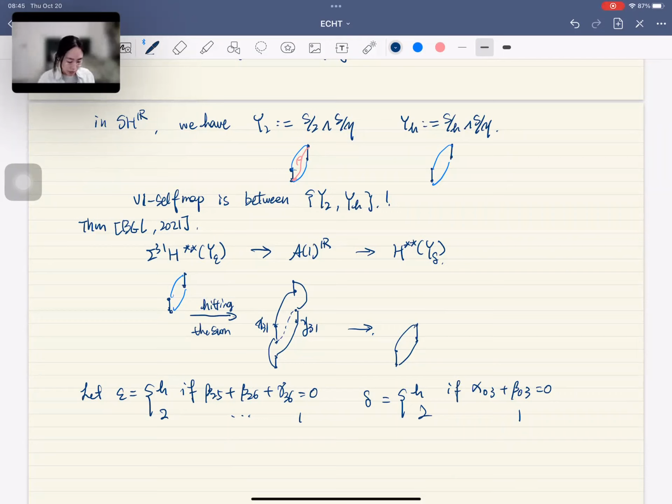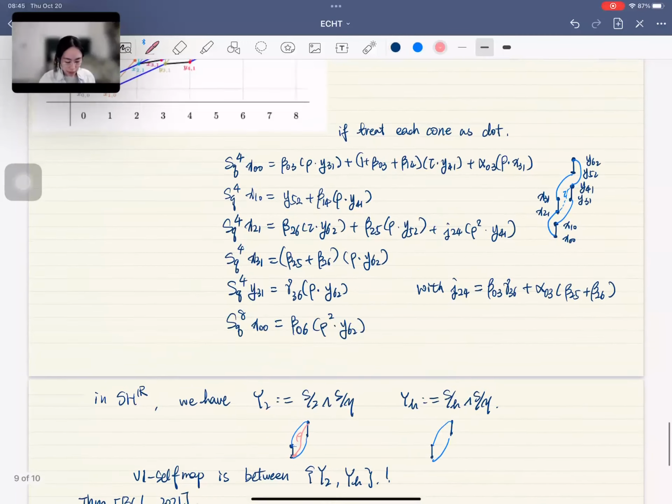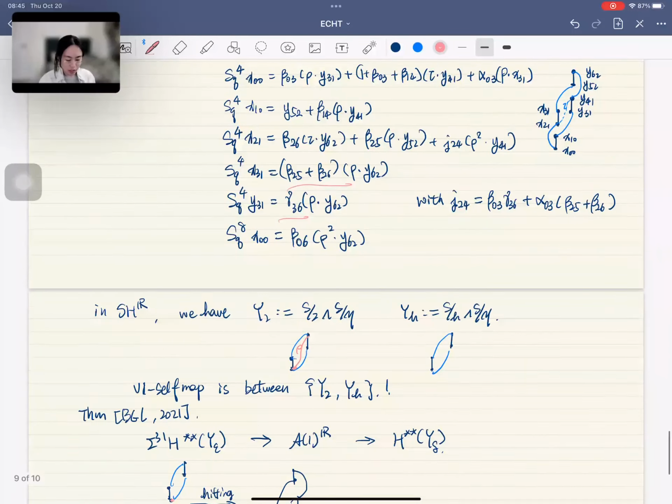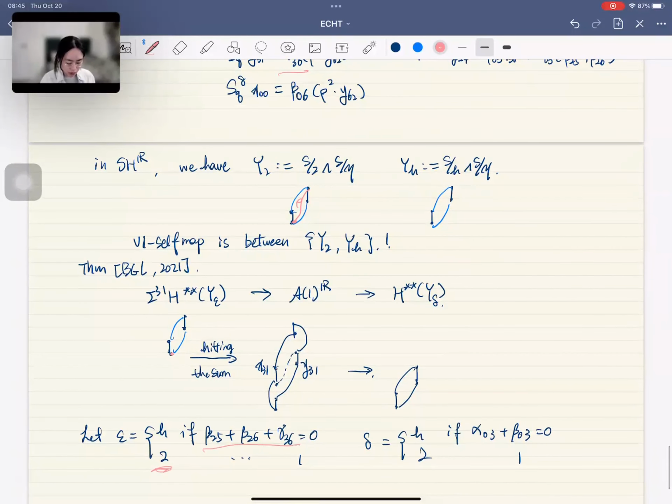So that is to say, if you have a Sq^4 on this class, because Y_2 has this Sq^4, that means your x31 plus y31 supports a Sq^4. And that is exactly matching up with this class. So in other words, if this is 0, then x31 plus y31 doesn't support a Sq^4.